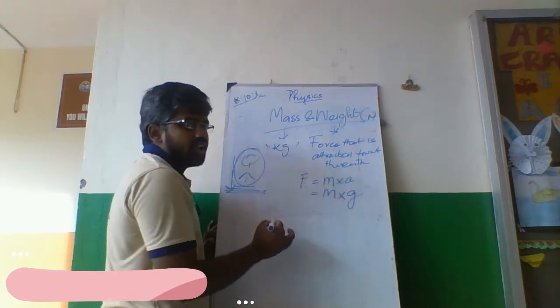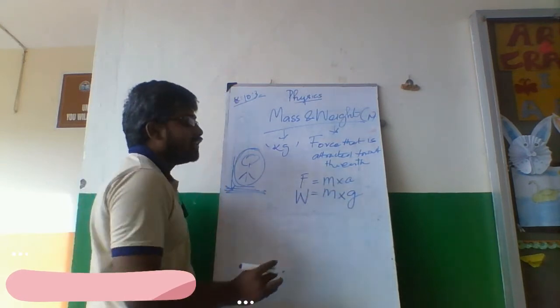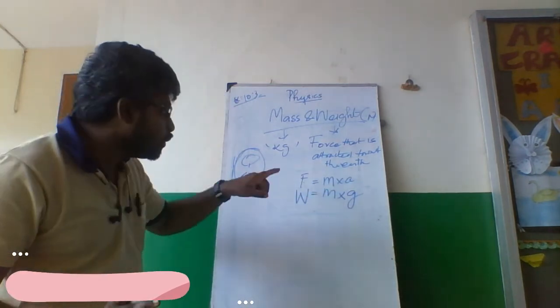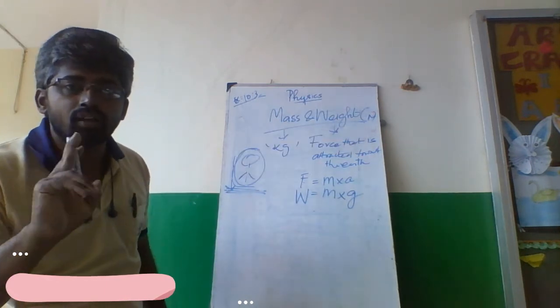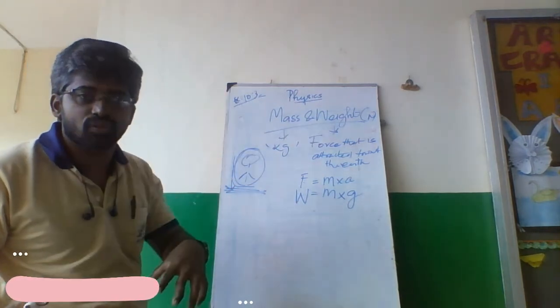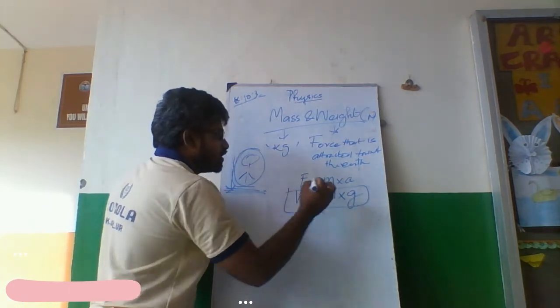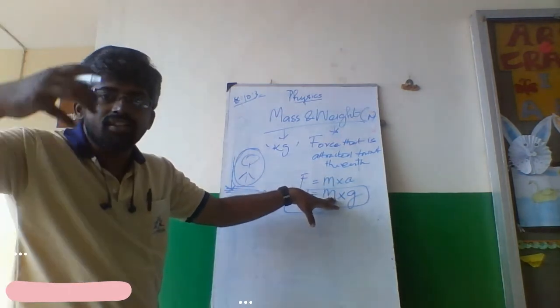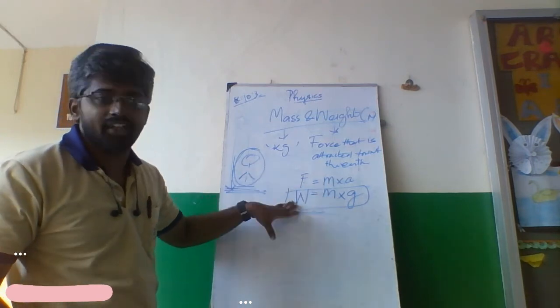So F is changed into W. W is the weight. The unit of weight is Newton. The unit of weight is not kilogram. The unit of weight is Newton because it is a force. F is equal to m into g. The mass with the acceleration due to gravity is equal to weight.